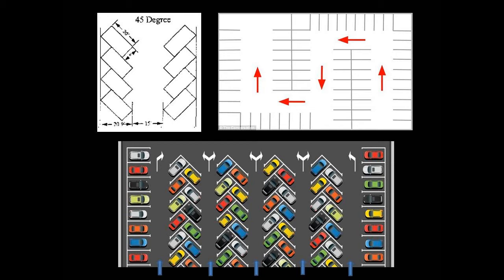Let me tell you, in most of the campuses, 90 degrees parking is the most popular one because the car can travel in both directions. When it is a 45 degrees parking, then normally the road in front of it is always one way.